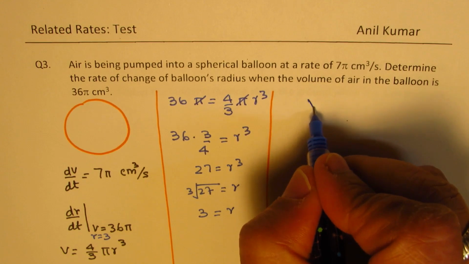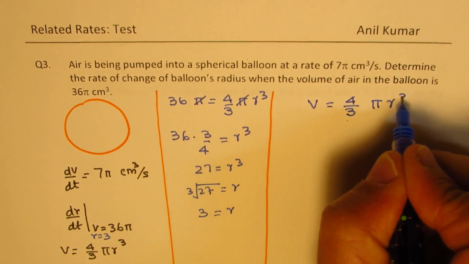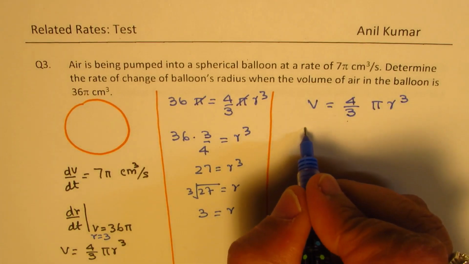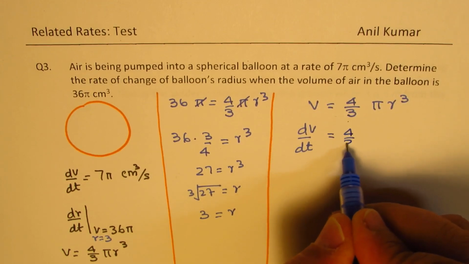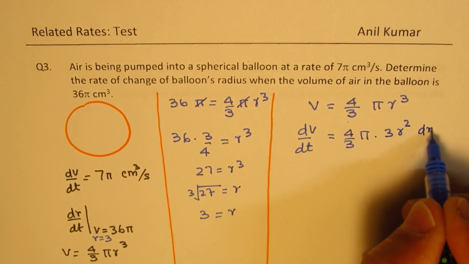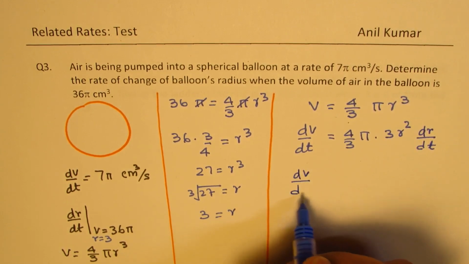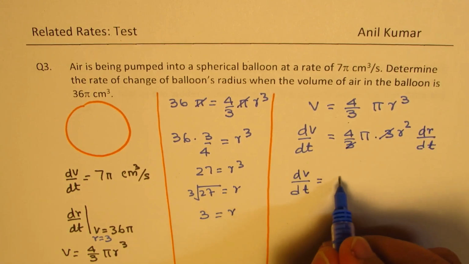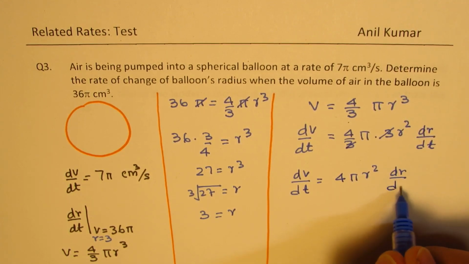So once again we have volume as 4/3 pi r cube. Let's find the rate of change of volume with time. So we have dV/dt equal to 4/3 pi times 3 r square dr/dt. Simplifying, we can get dV/dt as equal to 3 and 3 cancel, and we have 4 pi r square dr/dt.